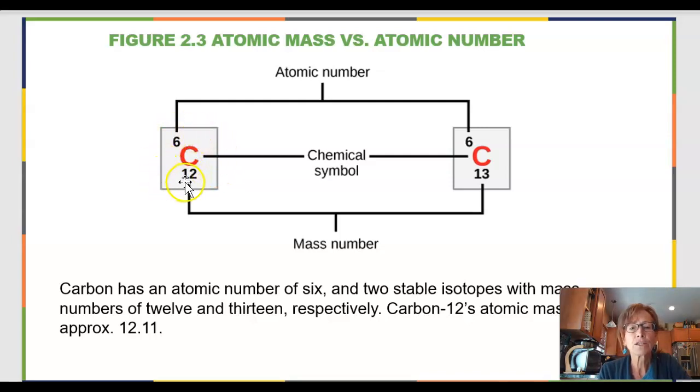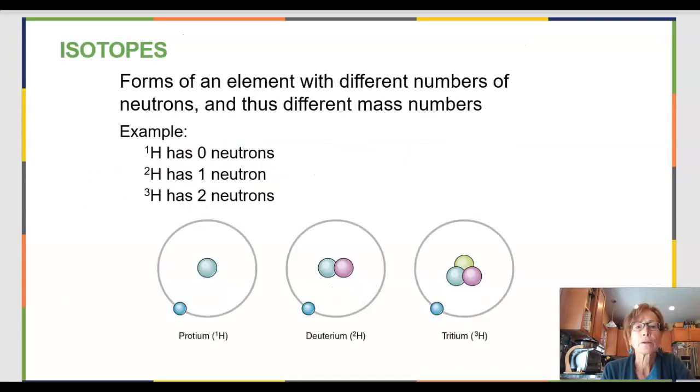Notice that on this one, we could call this carbon 12, and you can see they've written it down here. And this one up here would also be carbon, because it still has 6 protons, but it is carbon 13. So that's how we read these.